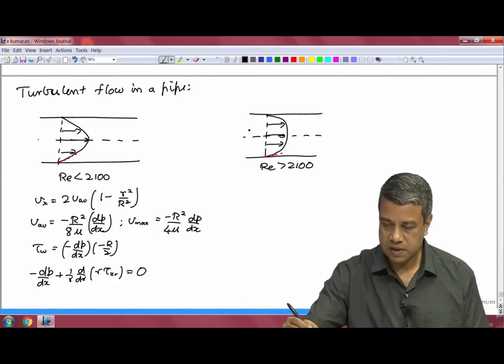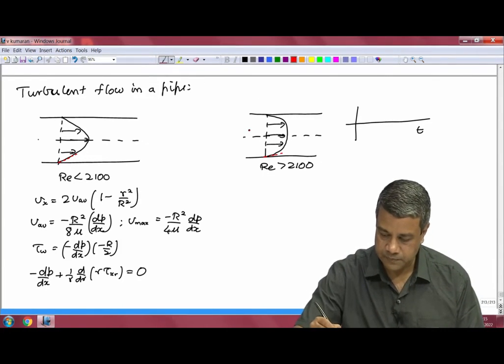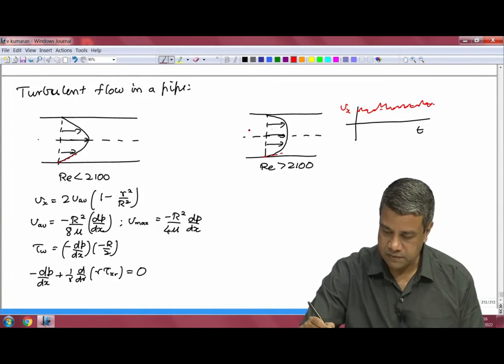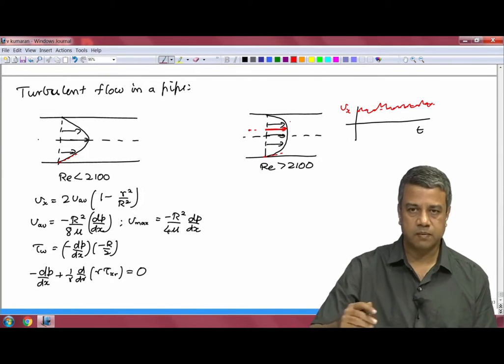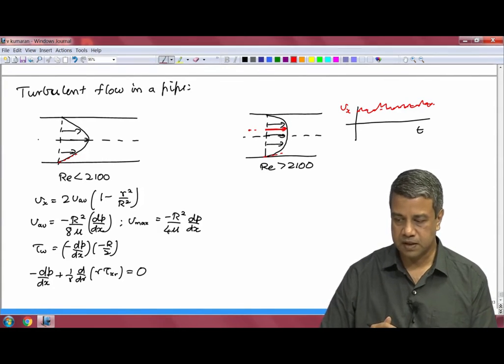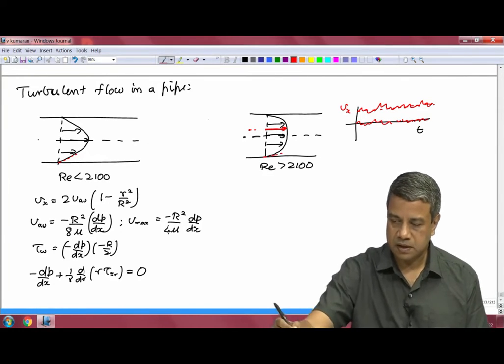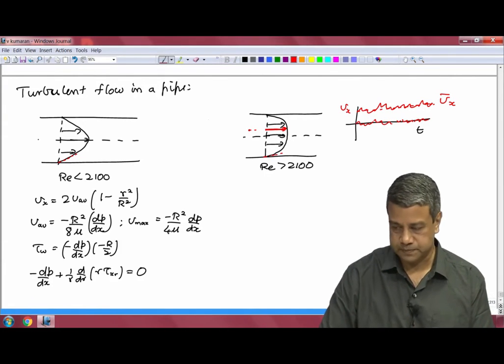So, if I plot the velocity at a particular location as a function of time in any direction, Vx say, I will get something that is fluctuating about a non-zero average, where this average value is the mean velocity at that location. So, the velocity can be decomposed into an average component plus a fluctuating component. If I subtract out the average velocity V bar from Vx, I will get the fluctuating part.